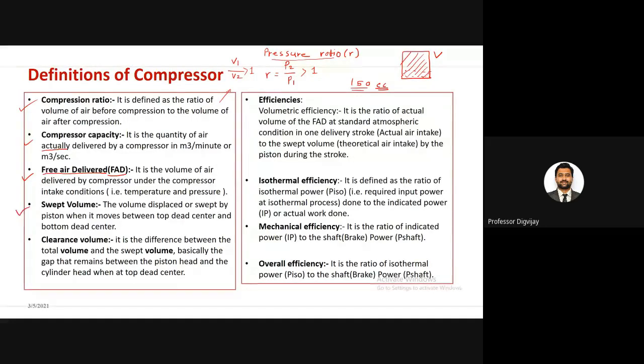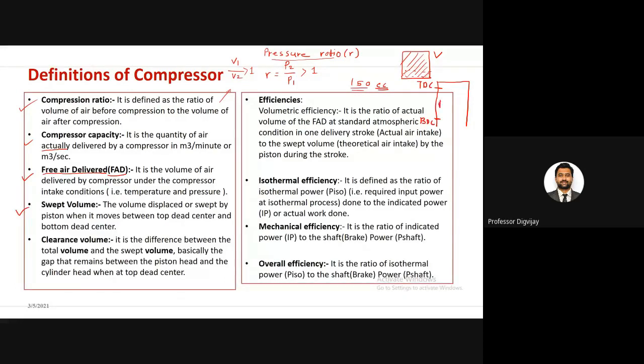Next, we have the swept volume. It is the volume displaced or swept by the piston when it moves from top dead center to bottom dead center. You might have already studied this in IC engines. If you have this cylinder, then we have TDC, top dead center, and at the bottom we have BDC, bottom dead center.